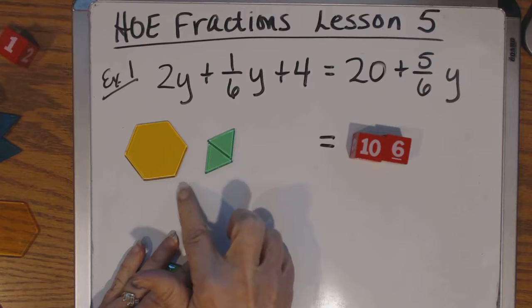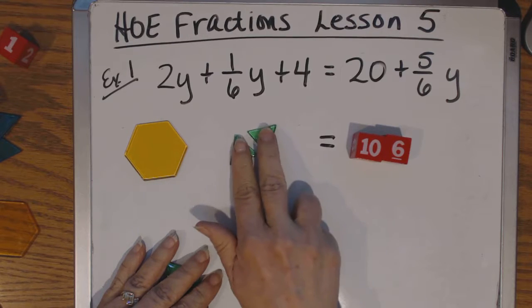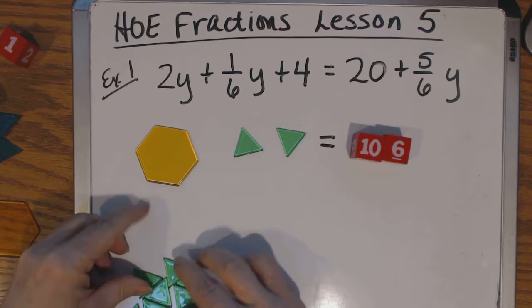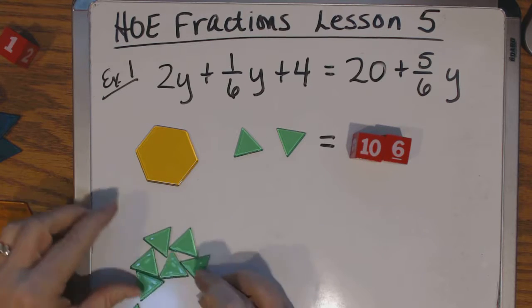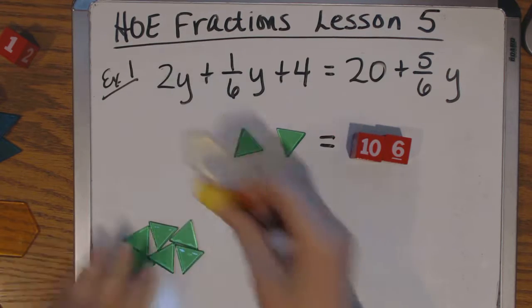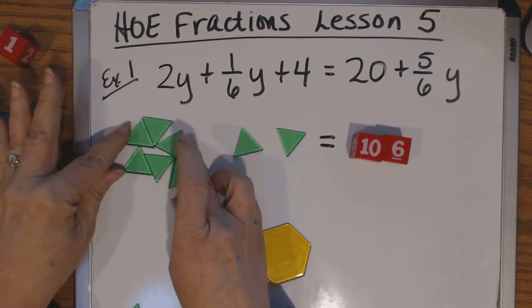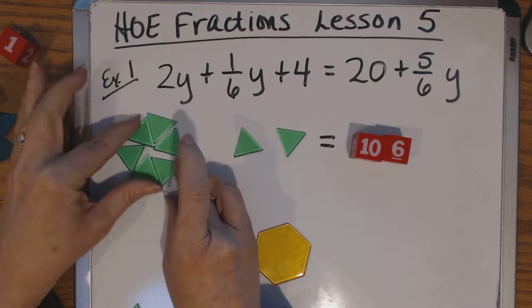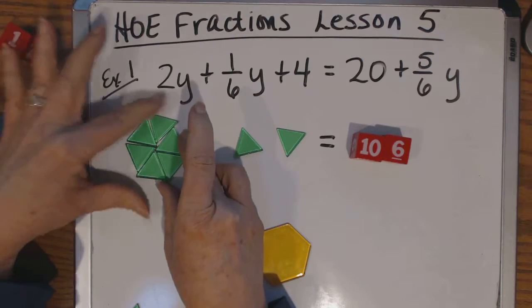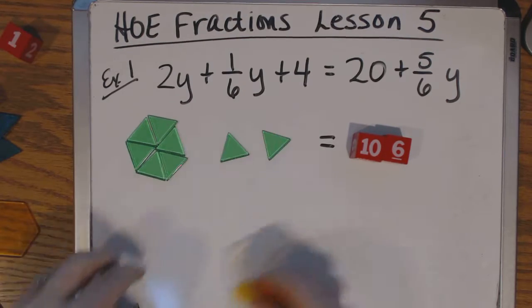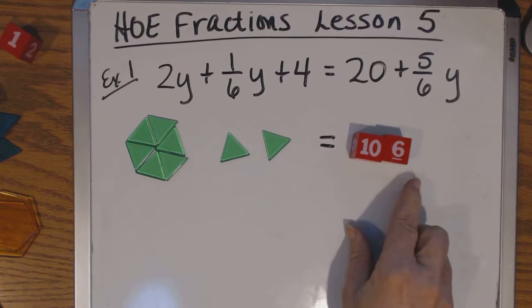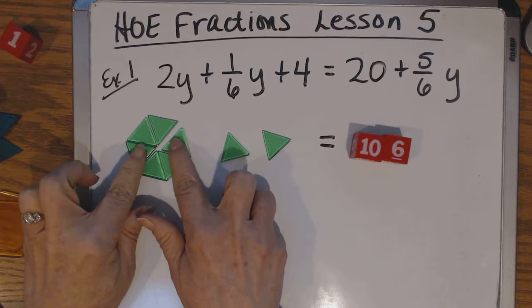I do still have a mixture of pieces here, and in order to make it a little bit easier to count, it would be easier if I did, in fact, substitute 6 more of these pieces here for my y, okay? And so now I just have 6 on the left and I have numbers on the right. So how many do I have?